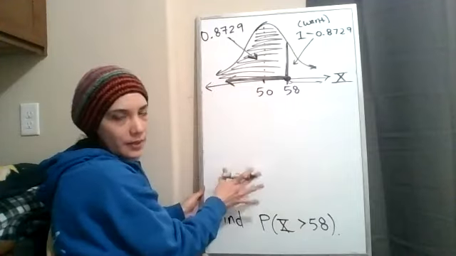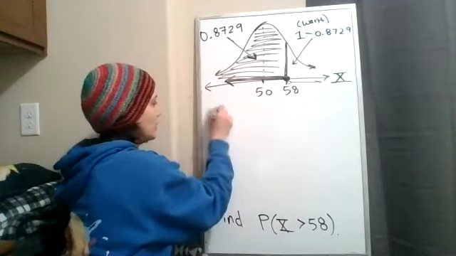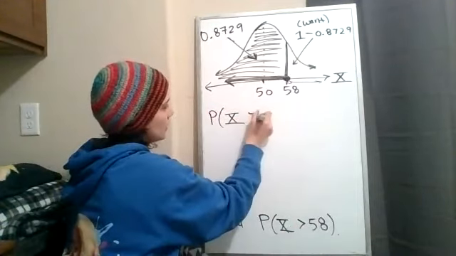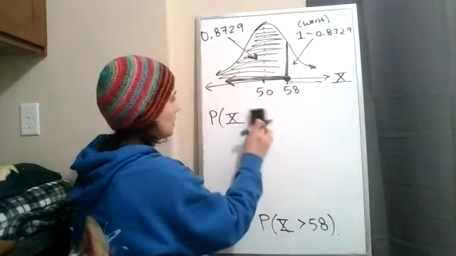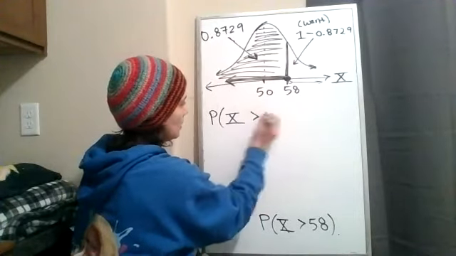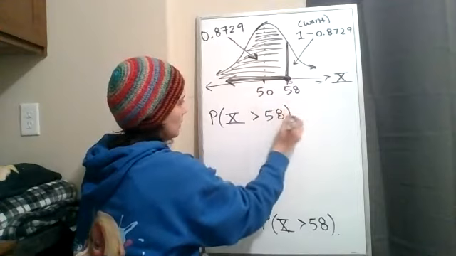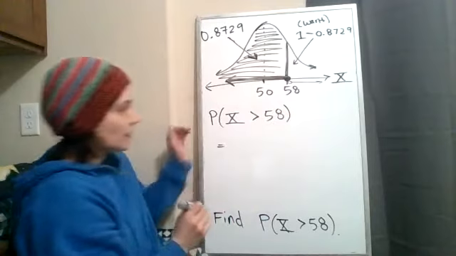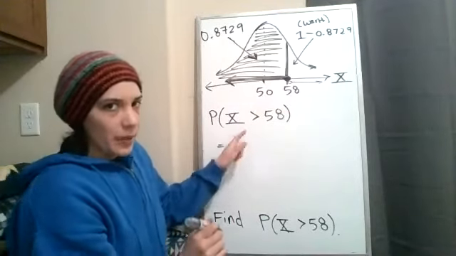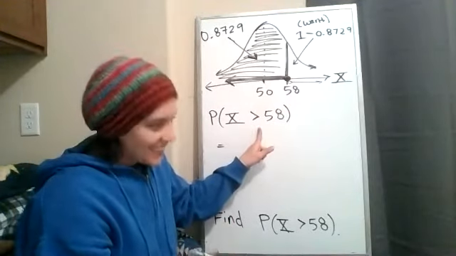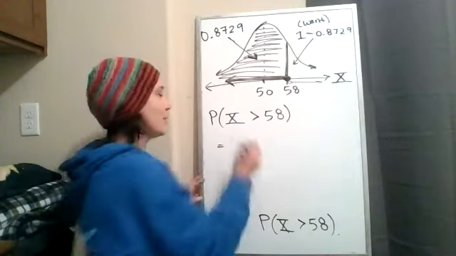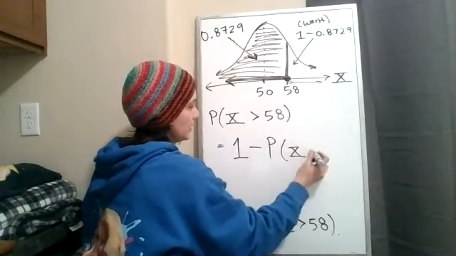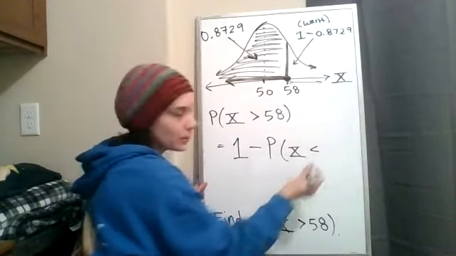Working through it mathematically, we have the probability of X greater than 58 equal to 1, and then subtract the probability that X is less than or equal to 58.